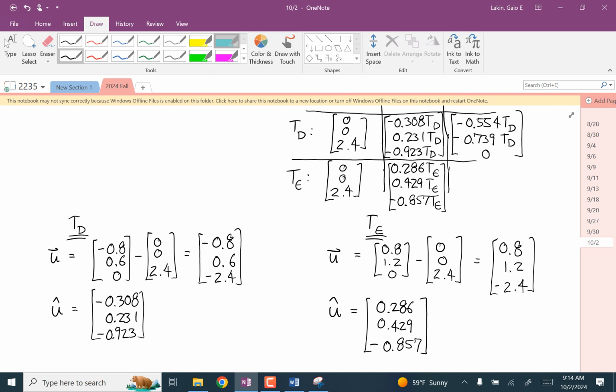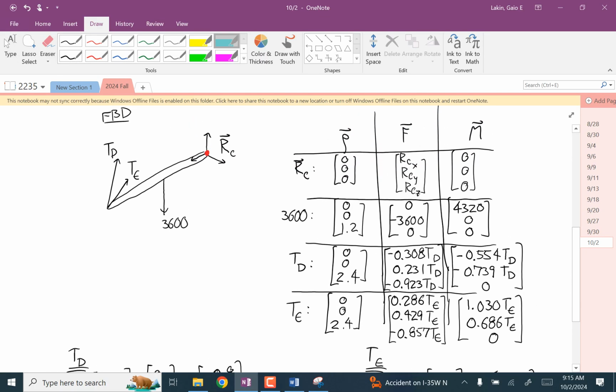And then the cross product, I got 1.030 T_E, 0.686 T_E, 0.